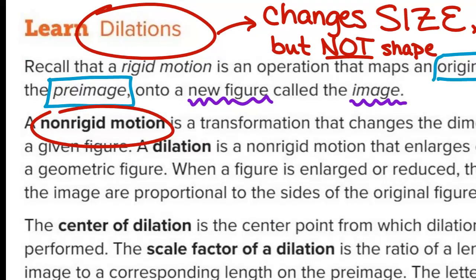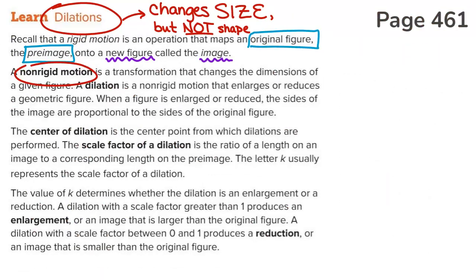Dilations are a type of non-rigid motion. We say it's non-rigid because it changes the shape itself. We studied rigid motions back in first semester. Do you guys remember when we did translations, the slides? And we did reflections, the flips, and rotations, the turns? Those are all types of rigid motions.